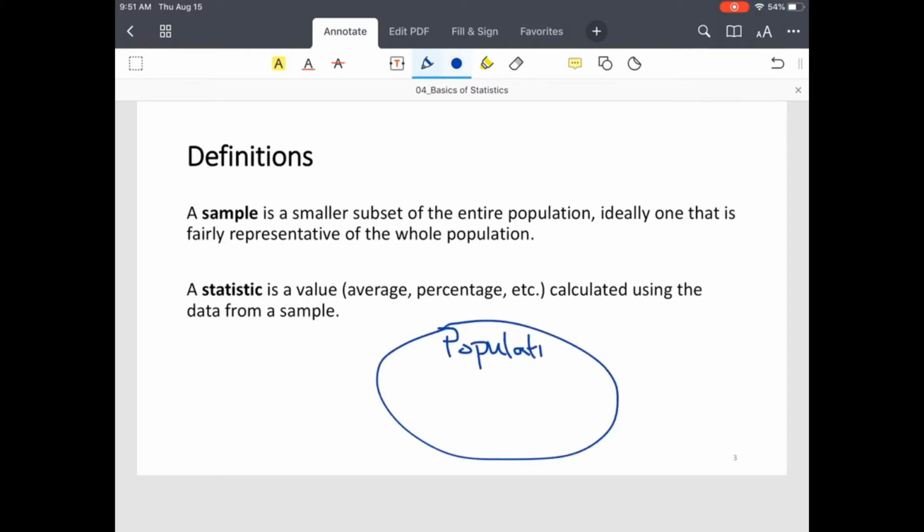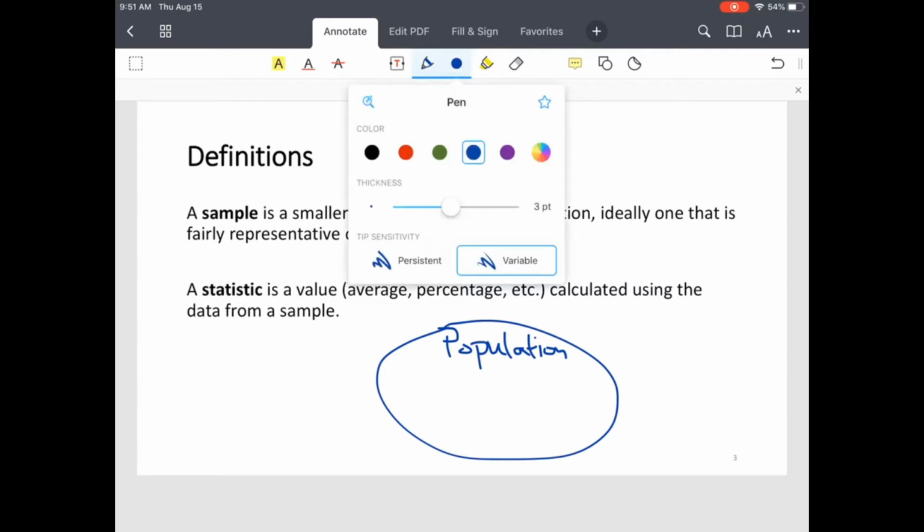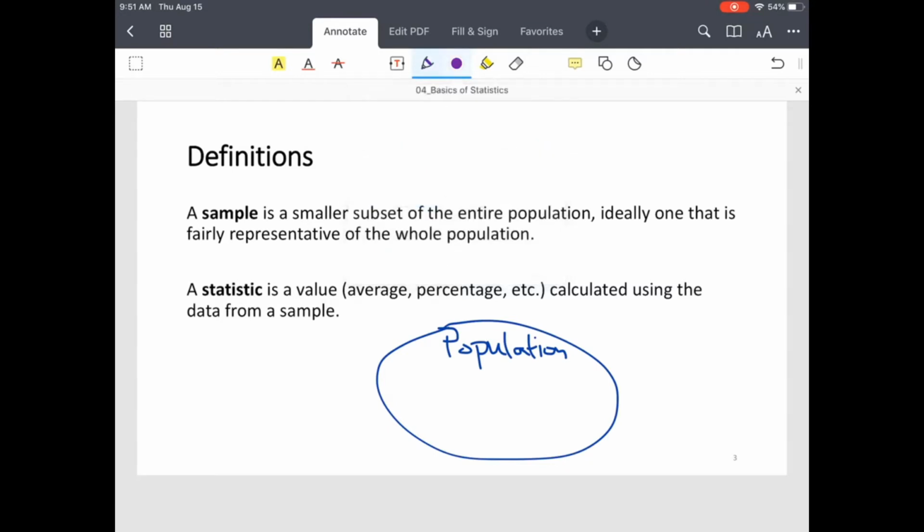That's the group we want to study, but it can take a whole lot of time and a whole lot of money to study a population. So typically when you do a study, you grab a sample from the population.